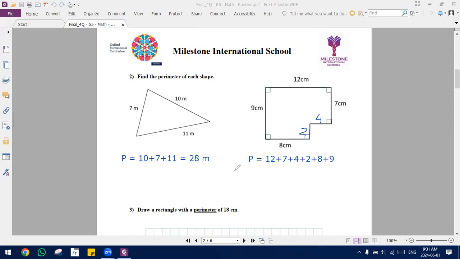Okay, now we need to add them. 19, 23, 25, 34, 42. And the unit, don't forget the unit, centimeters.